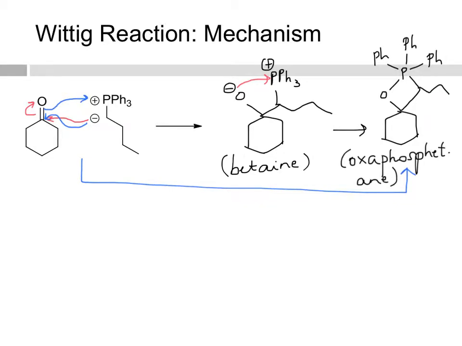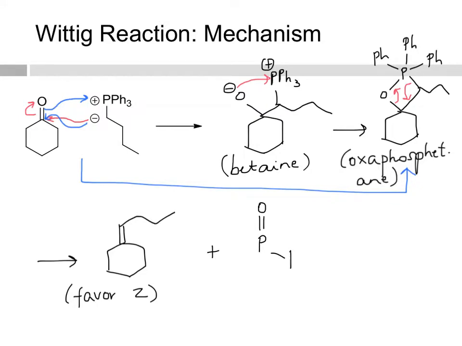Once the oxaphosphetane is formed, it then collapses to form the alkene and produce triphenylphosphine oxide. So the organic product of the reaction is the alkene. Remember, for simple ylides, it'll favor Z. In this particular case, since you've got the same group on either side, this is neither E nor Z. And the side product is triphenylphosphine oxide.